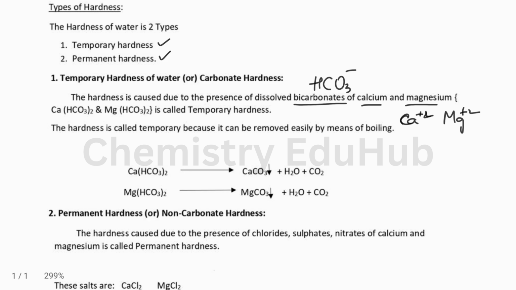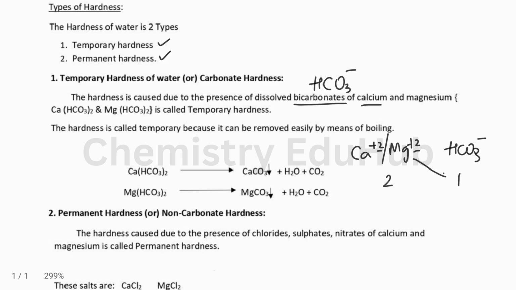By using the crisscross method, we can attain the formula. Whenever Ca2 plus or Mg2 plus combines with HCO3 minus, we take only the number below 2, and here since it is minus we consider it as 1, and we cross multiply these numbers with the ions.